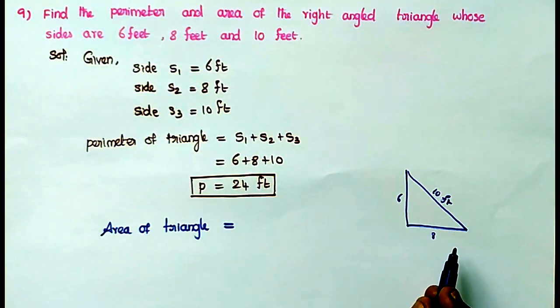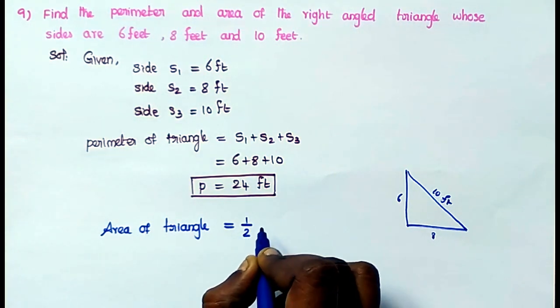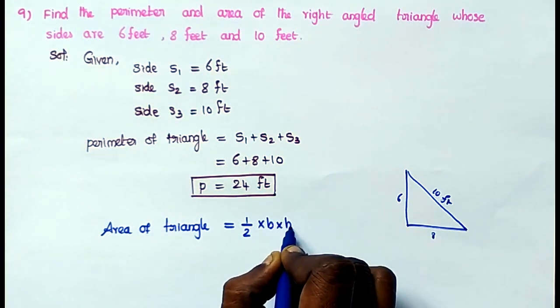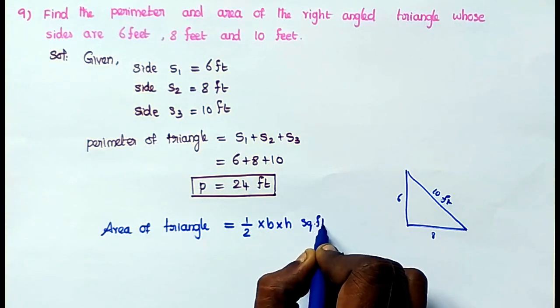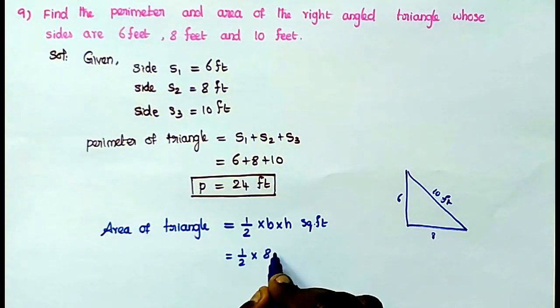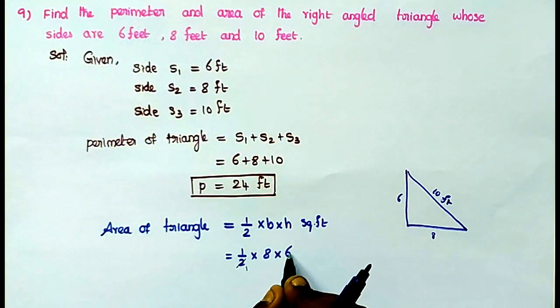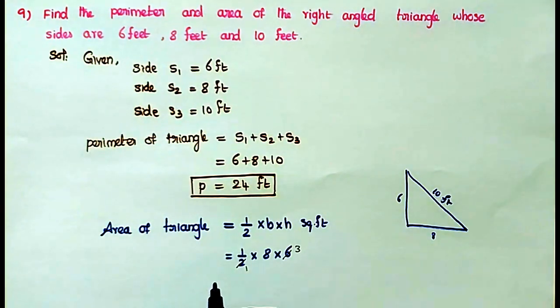So which one is base, height? 8 and 6. So what is the formula? Half into B into H square feet, that is 1 by 2 into base is 8 into height is 6. Now we want to cancel this one. 1 2 is 2, 3 2s are 6. So remaining numbers multiply means we get 24 square feet. That is the area.